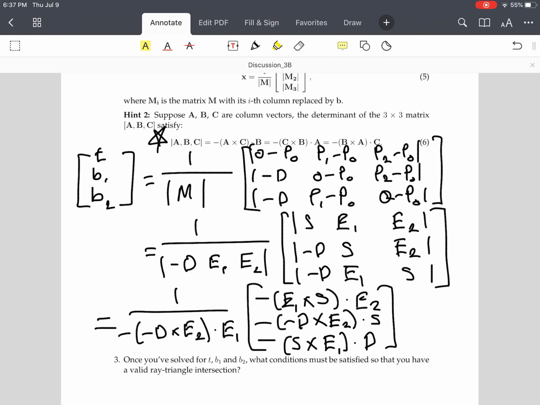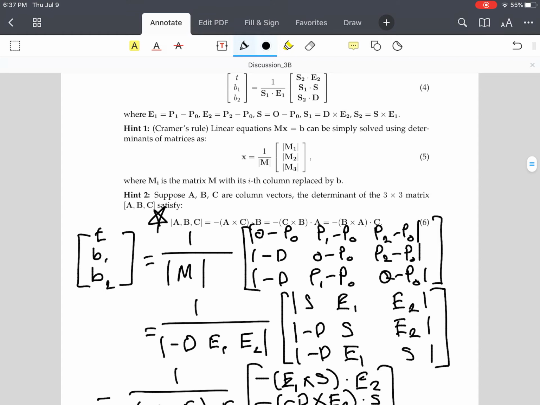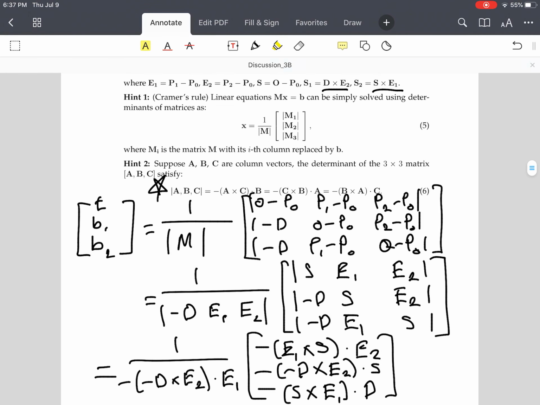Okay, and so now we have a couple of cross products. If we come back here, we can see S1 is equal to D cross E2, S2 is equal to this. So we can come down here, and because I ran out of space, unfortunately, I'm just going to replace. So I'm going to erase this, right? So D cross E2 is going to get replaced by S1. So S1 dot E1, there we go.